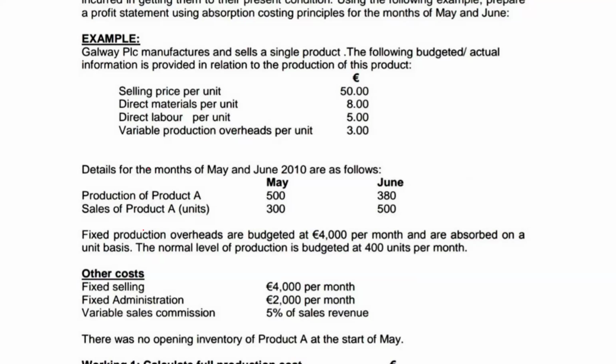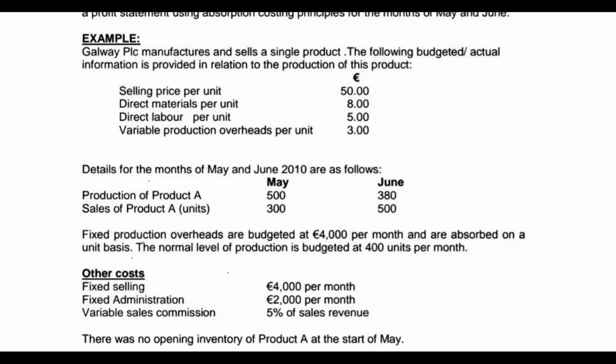If we want to know whether there was under absorption or over absorption, since we are given the budgeted fixed costs, we need to know the actual fixed cost used in the production process, what was really spent, rather than just the budgeted one.